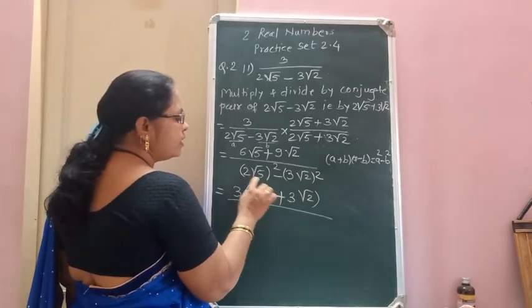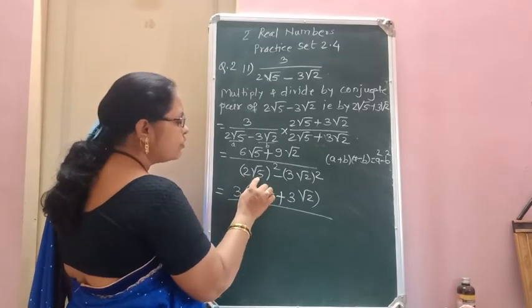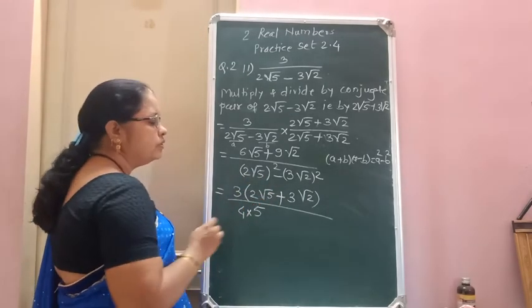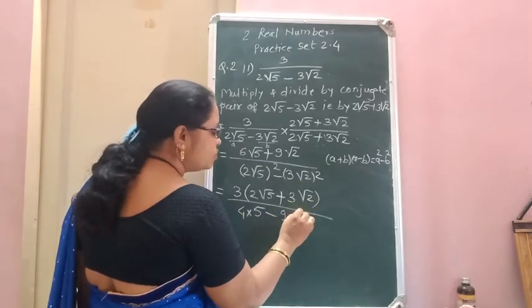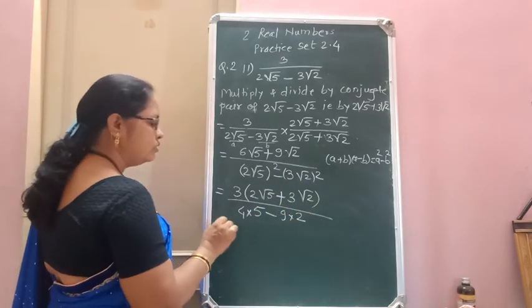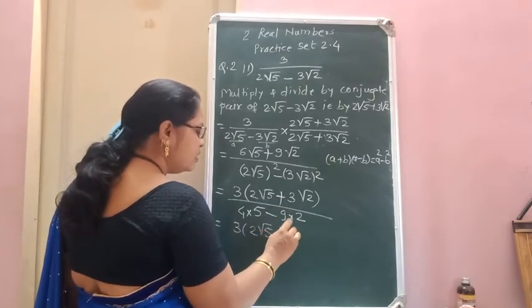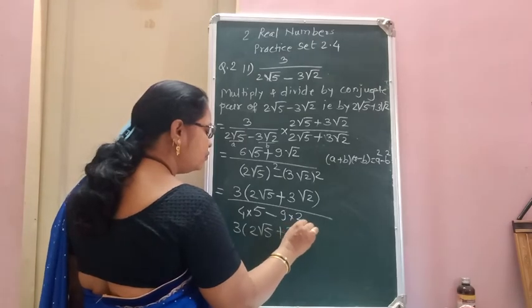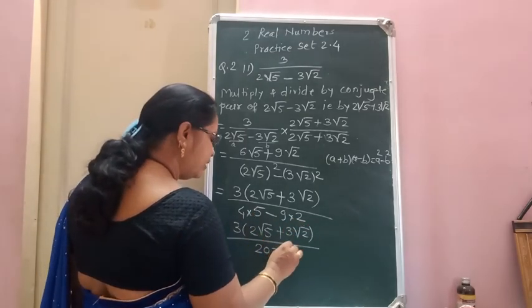And this is a square, so the square of 2 is 4. The square of root 5 is 5. Minus the square of 3, which is 9, into root 2 square, which is 2. So 3 into 2 root 5 plus 3 root 2, divided by 20 minus 18.